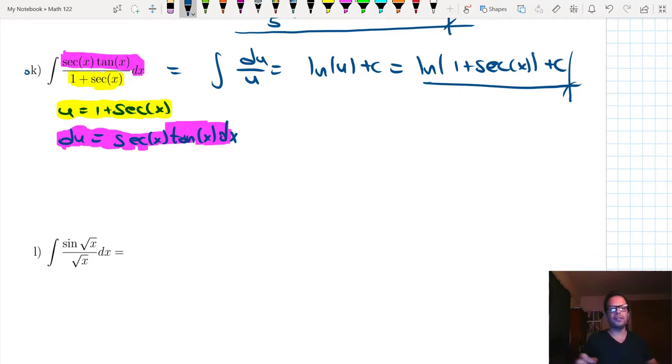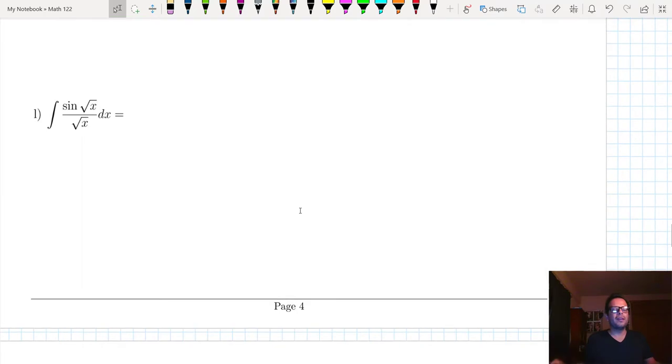Let's look at another one. Sine of the square root of x over square root of x. I'm going to rewrite this one right here, because if you look at this radical, sine of square root of x, the derivative of square root of x will be some radical in the denominator that happens to match here. I will show you what I mean by that.